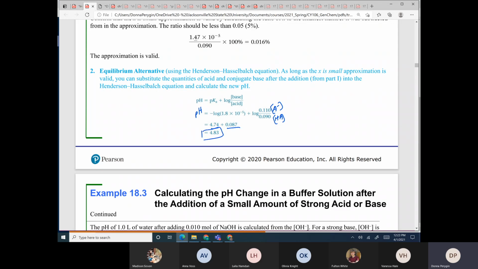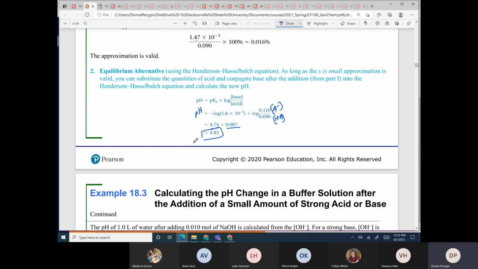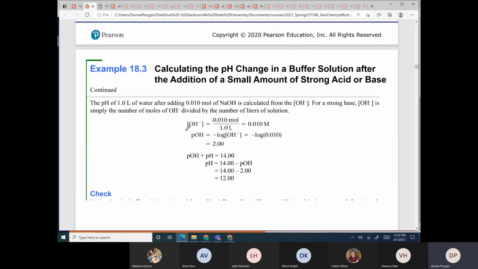We added a little hydroxide, we increased the pH just a little bit, but it didn't change a whole lot because we didn't destroy that much of our buffer. We didn't max out our buffer, okay?